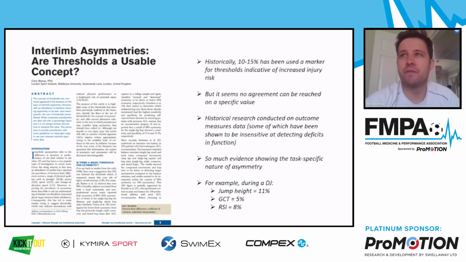So it's not even that it was a percentage value that was shown to provide a risk of injury. It was that that's the value that's normative data in healthy people, which seems a little bit of a flawed concept, really.